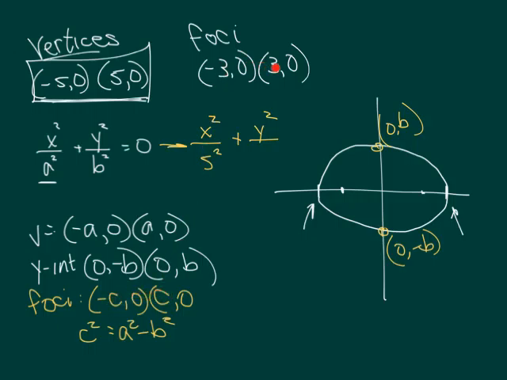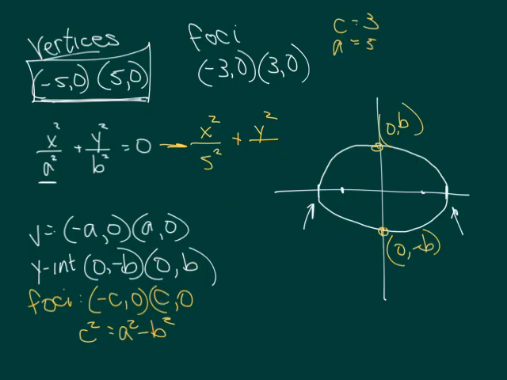We said our c was 3, so let's write that up there. c is 3, and we know our a is 5 from right here. So I can find out what my b is, based on c squared equals a squared minus b squared, because I know two of them.